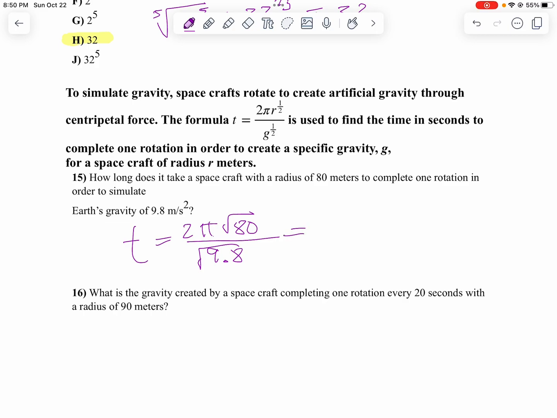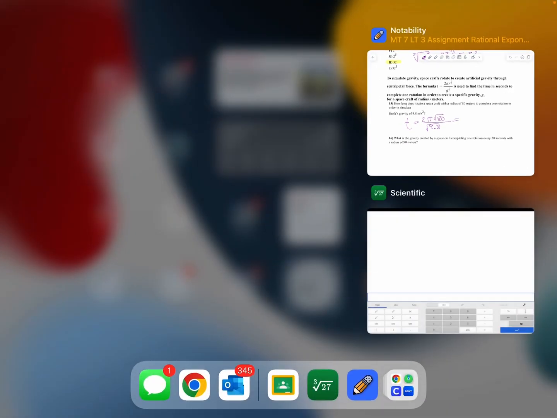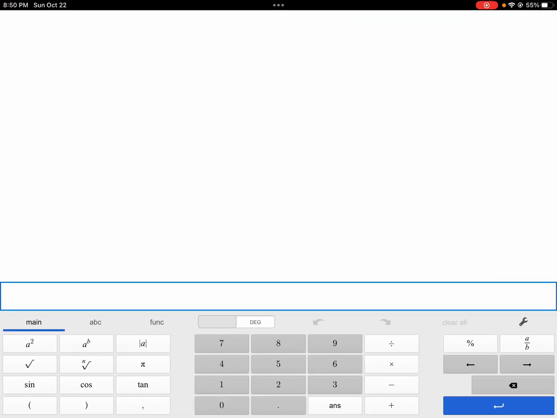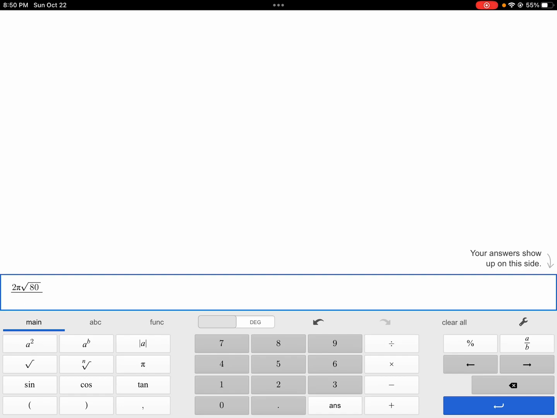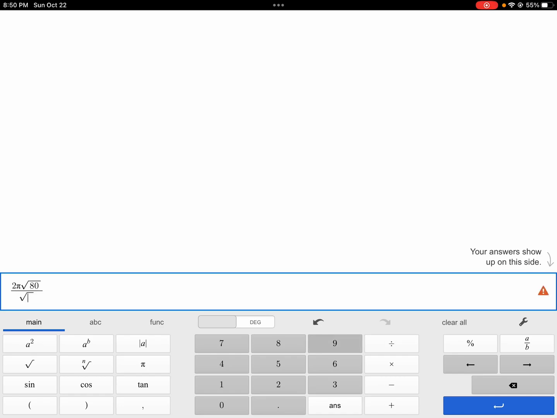So now we're going to use our calculator. We're going to find that out. So we're going to say 2 pi times the square root of 80. I'm going to divide that by the square root of 9.8.